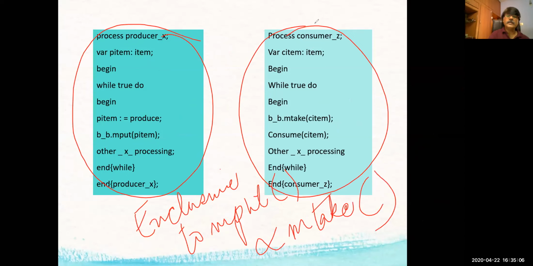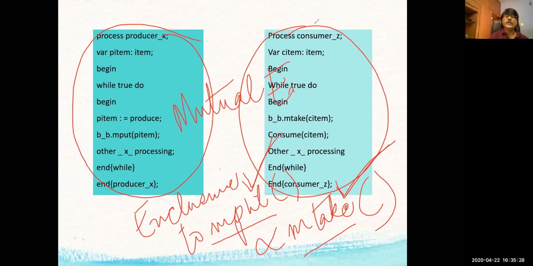Only one producer can invoke input, and only one consumer can invoke mtech. Two producers cannot invoke input at the same time, and two consumers cannot invoke mtech at the same time. Since it allows only one producer to invoke input and only one consumer to invoke mtech, we get mutual exclusion implemented by the monitor.